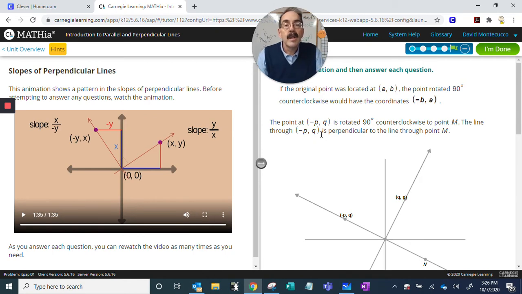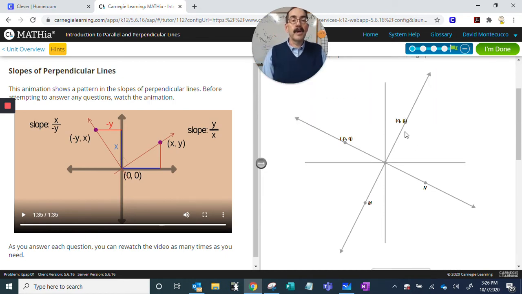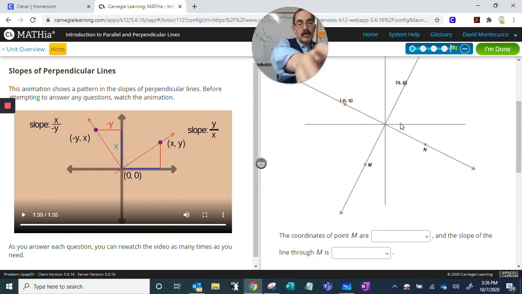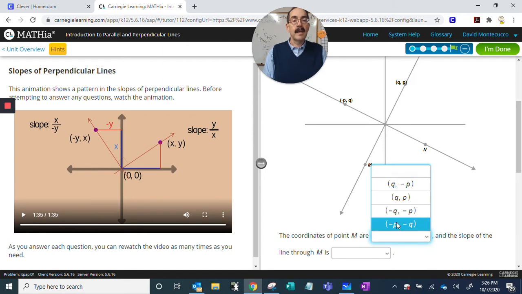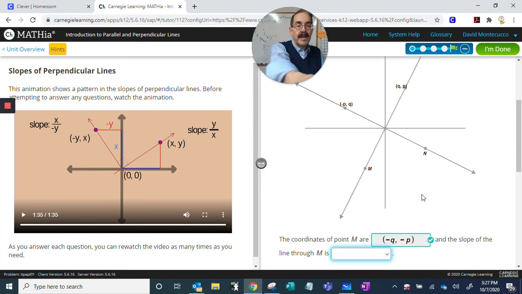The line through negative PQ is perpendicular to the line through M. Okay, so we rotated it, right? The coordinate points of M are, so if we bring this down, we're still going to be negative Q, negative P, because we brought it down, okay?